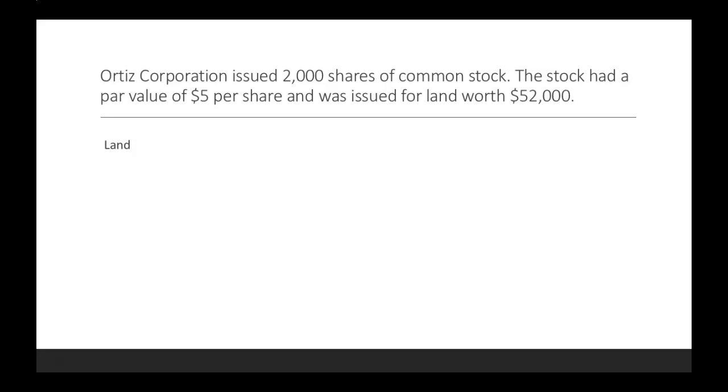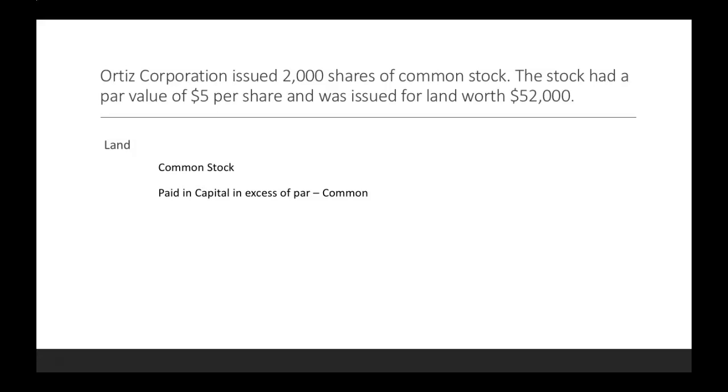We want to debit our land to make that account increase. And how did we get this land? Why did anyone give us land? Because we issued stock. Right, so we'll credit common stock. Now, we had a par value again, so we're also going to be having paid in capital in excess of par.